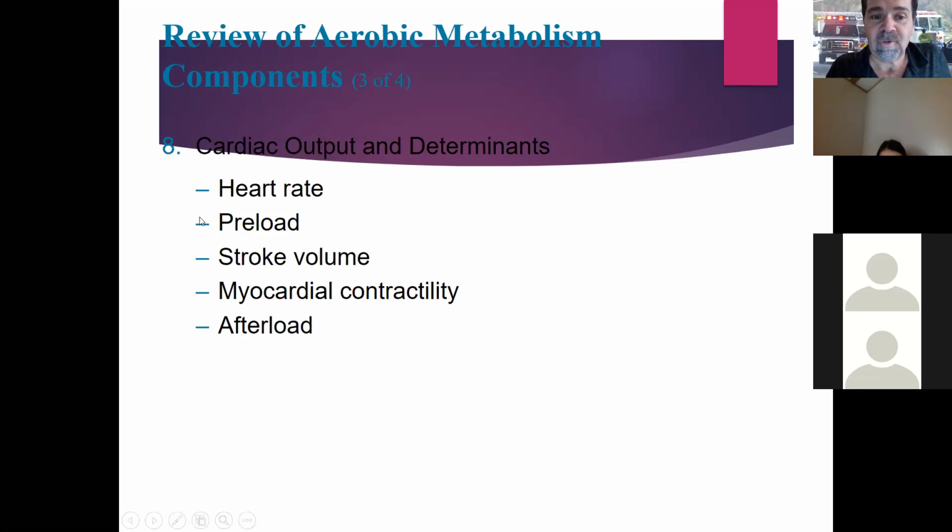Okay. So preload, what's preload defined as? That's the amount of blood that was in the heart? Yeah, basically it's the amount of blood that's coming back into the heart. What is stroke volume?